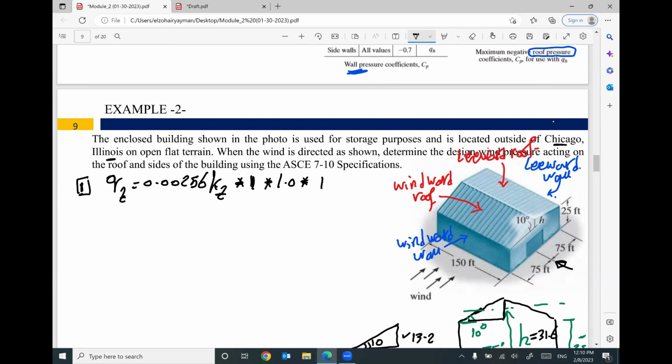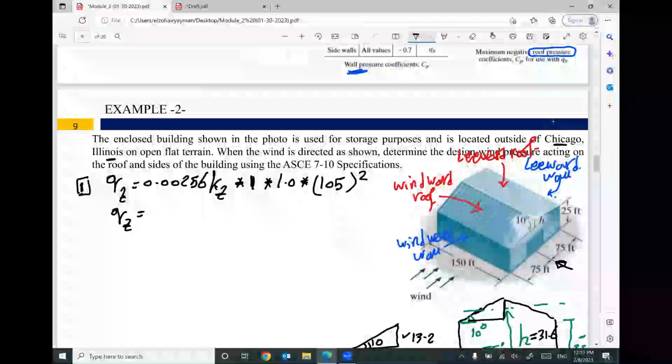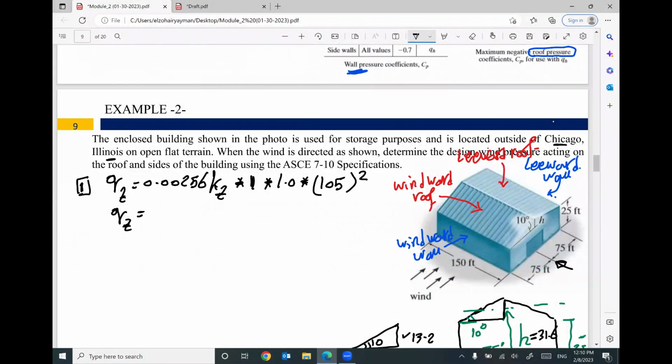The velocity will be 105 miles per hour, and it will be squared. This is the value of Qz. I can simplify it: 0.00256 times 105 squared. I got here 28.22 Kz.